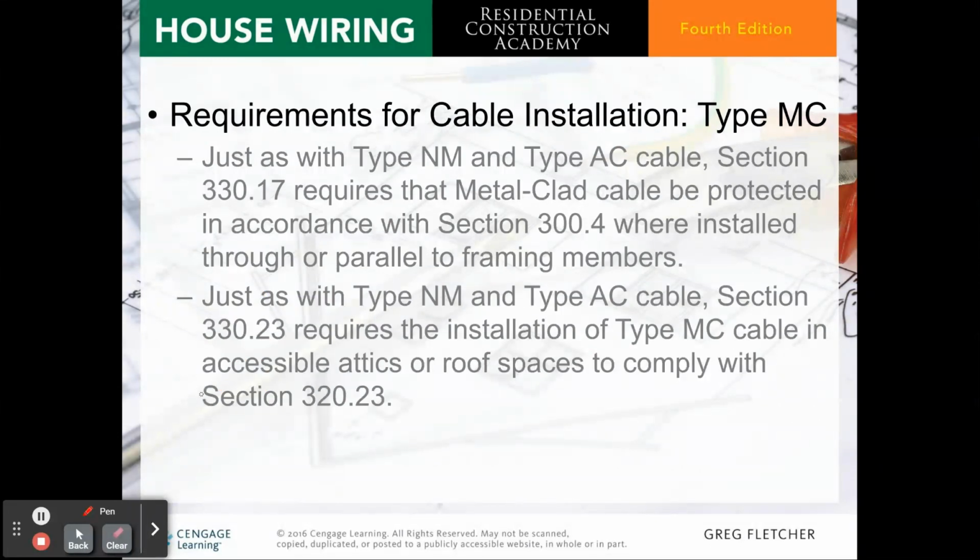For Type MC cable, just as with Type NM and Type AC cable, Section 330.17 requires that metal-clad cable be protected in accordance with Section 300.4 where installed through or parallel to framing members. Similar to Romex and Type AC cable, Section 330.23 requires the installation of Type MC cable in accessible attics or roof spaces to comply with Section 320.23.